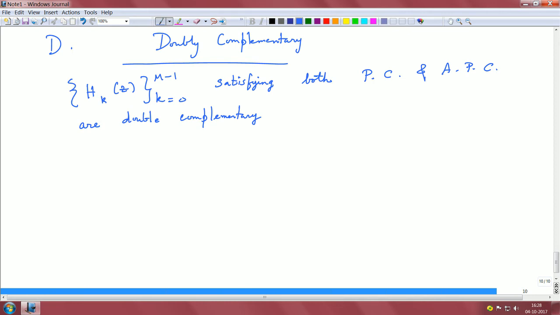Now, this gives us a set of properties for constructing filters that are desirable.